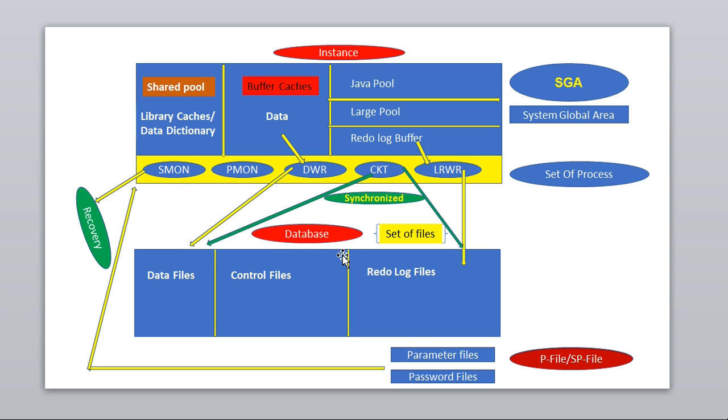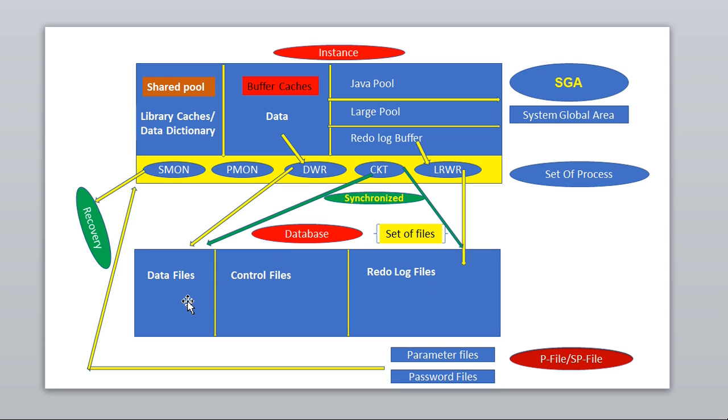Now we'll come to the database. The database is basically nothing but a set of files. Inside the database, what do we get? Database files only. So these are the major files: data files, control files, and redo log files.